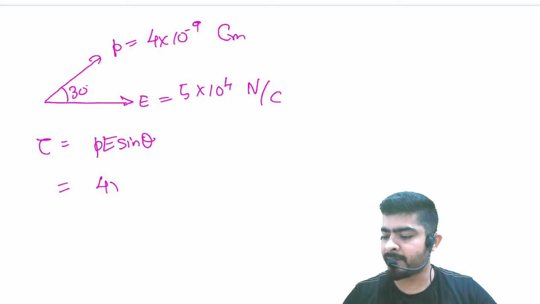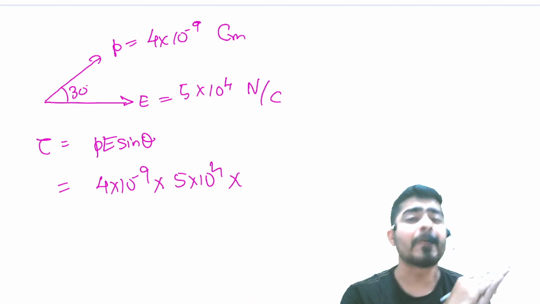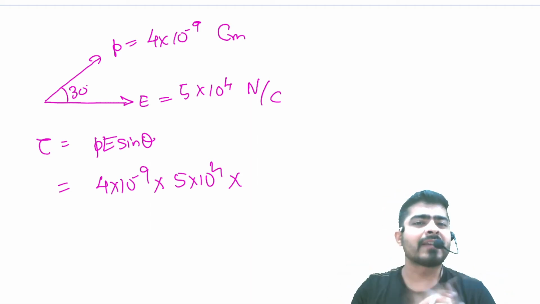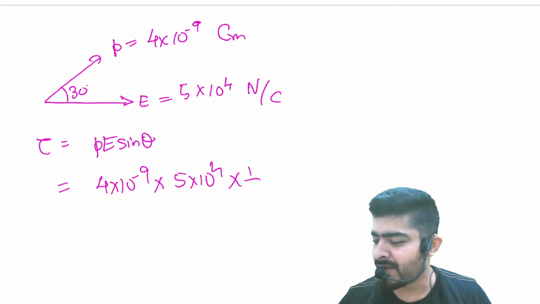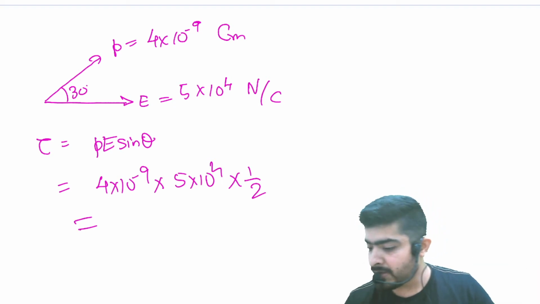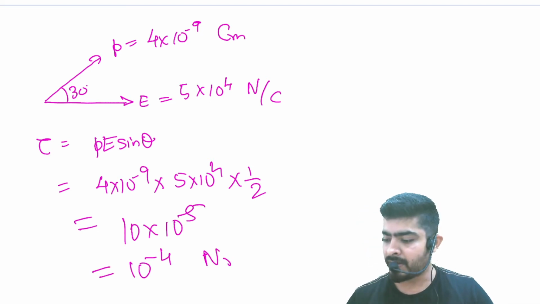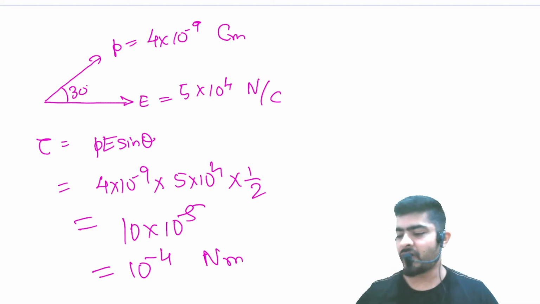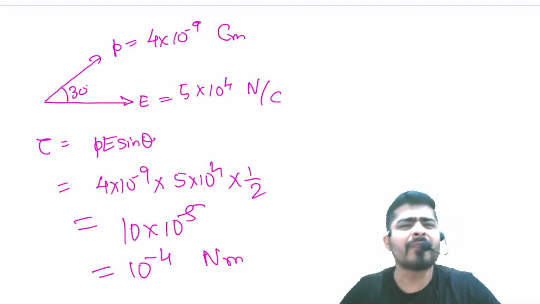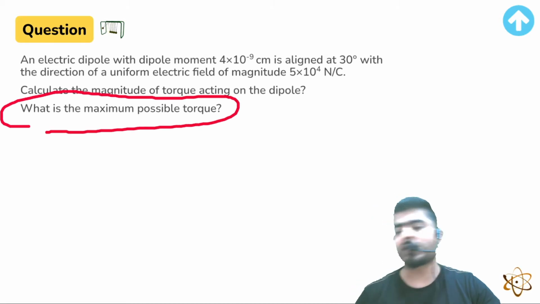So P is 4 into 10 power minus 9. Electric field is 5 into 10 power 4. And what is sine theta? In this case, theta is 30, so sine 30 will be 1 by 2. So what do we get now? This will be equal to 10 into 10 power minus 5, so this is basically 10 power minus 4 Newton meter. This is your torque. Easy formula, right? Now they are asking what is the maximum possible torque.